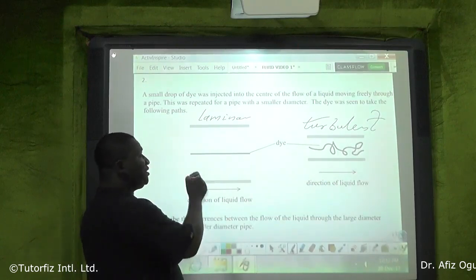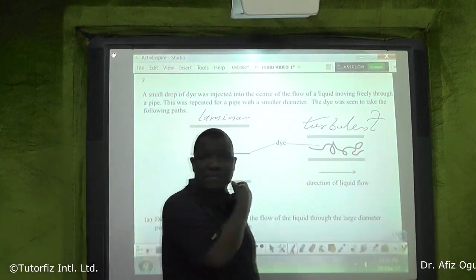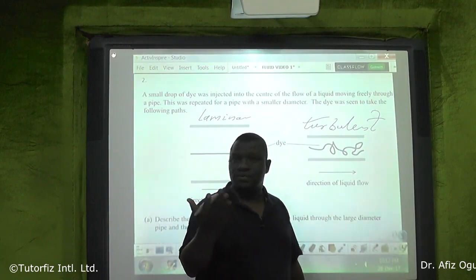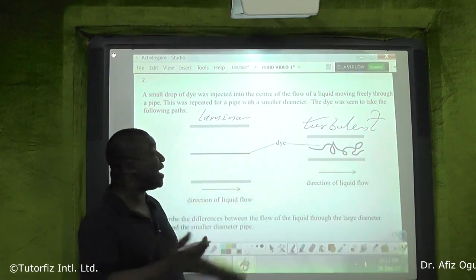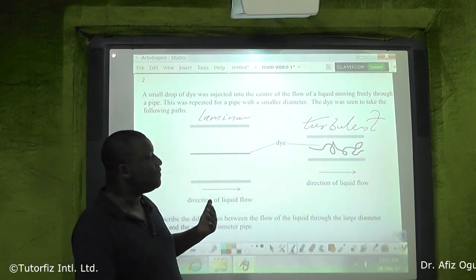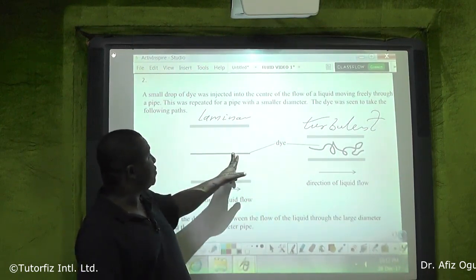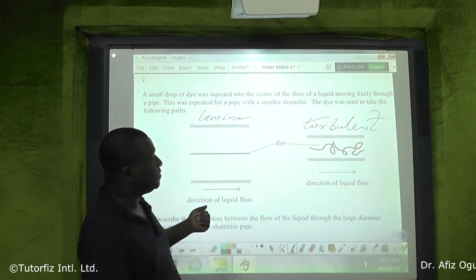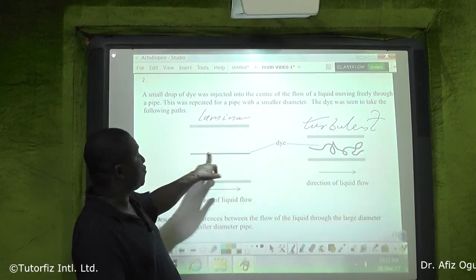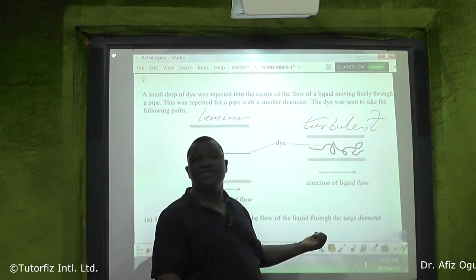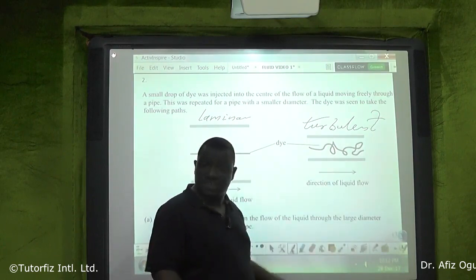Good. Another difference between laminar and turbulent flow that you can easily see: there's no change of direction here, and there's change of direction here. So you are saying that the velocity over time is constant here. The velocity here changes. How do you know? Direction is changing, so velocity changes.